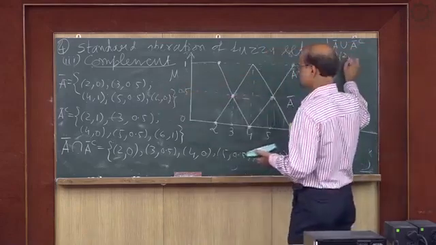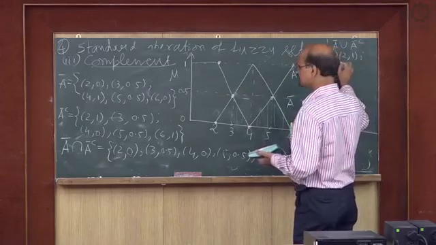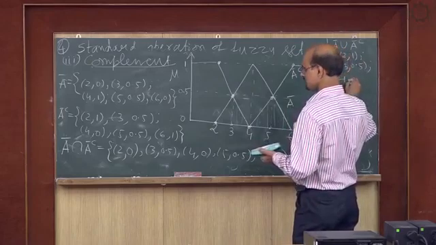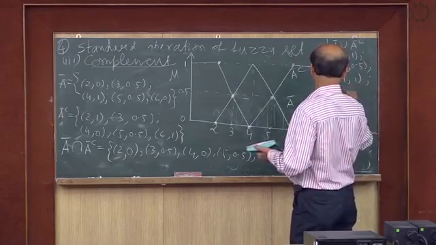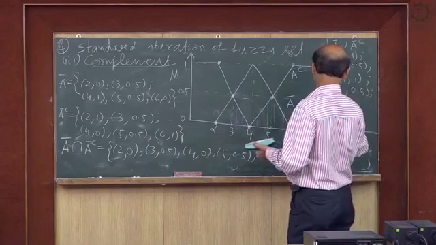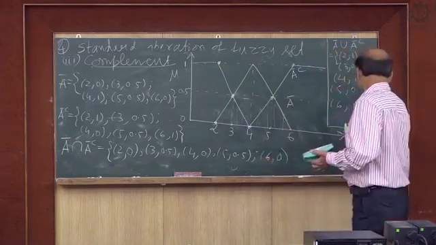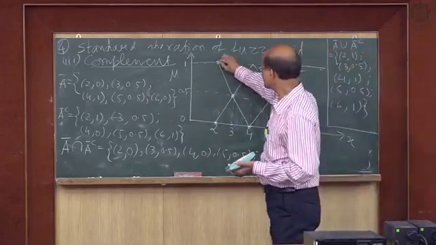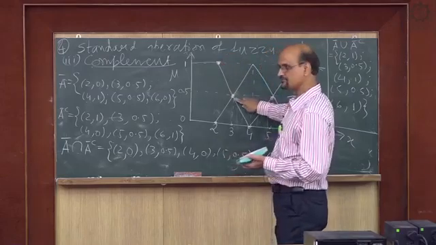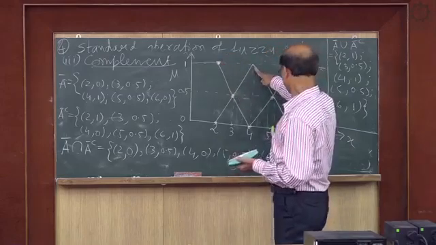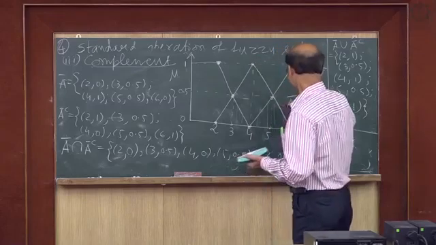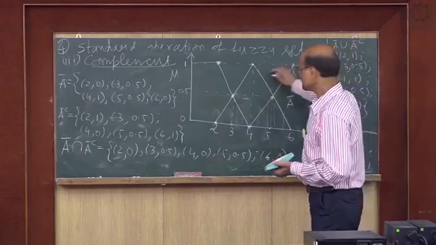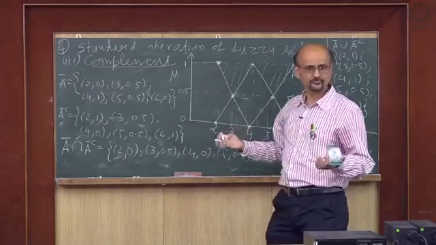So, 2, 1, 3, 0.5, 4, 1, 5, 0.5, 6, 1. Now, see 2, 1, 3, 0.5, 4, 1, 5, 0.5, 6, 1. So, we are not getting all X.